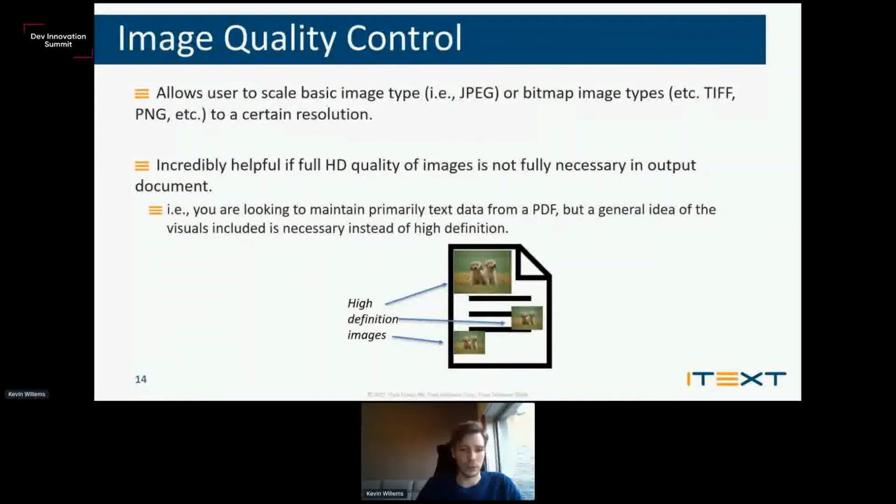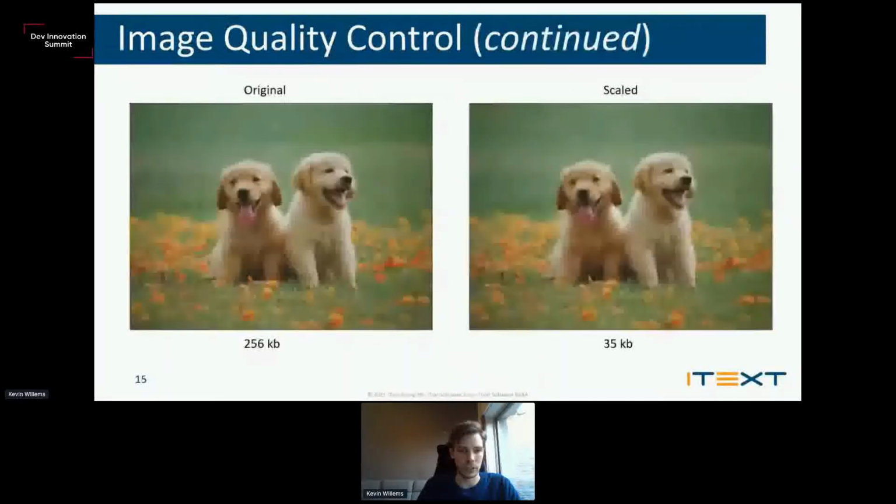So we also allow you to scale images, depending on the type, of course. And doing that can also lead to very major size benefits. This is an example of a scaled image. As you can see, of course, you lose quite some of the quality, but depending on the use case, that might or might not be relevant.